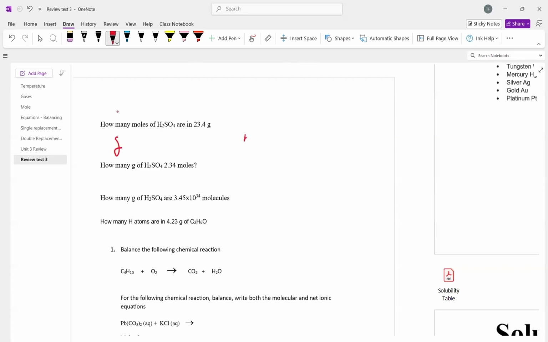We want to calculate moles. So what's the conversion factor we need to use for going from grams to moles? It is 1-to-1, but that's unit 4.